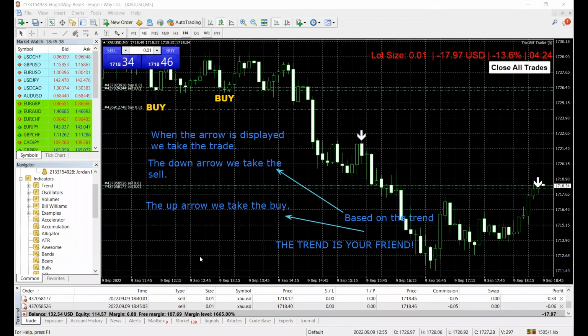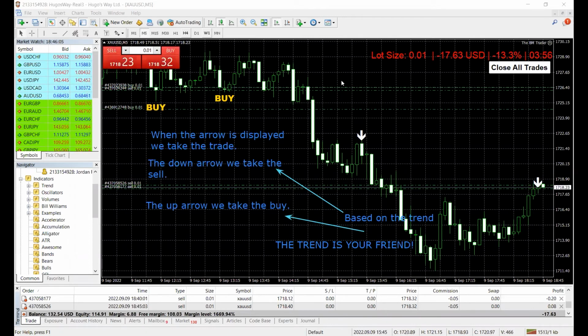The trend is your friend, and we do not need to move away from that. The trend is our ally, our compatriot, our buddy, our guy, our pal. For those who know about South Park, you'll probably get the joke. But anyway, the trend is our friend. So we follow along with what our friends want to do. If a friend wants to sell, we're going to go sell. If a friend wants to buy, we're going to go buy.